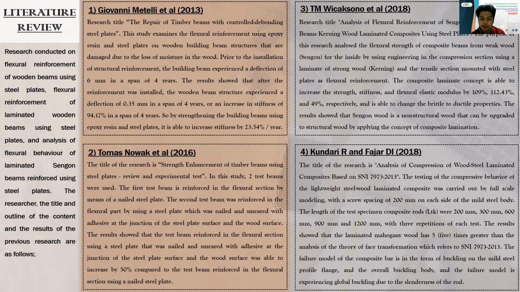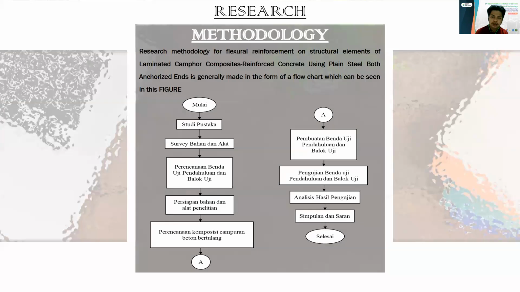And the last is from Kendariar and Fajar DI, 2018, the title of research is Analysis of the Compression of Wood Steel Laminated Composite based on SNI 7973:2013. Next, the methodology starts.